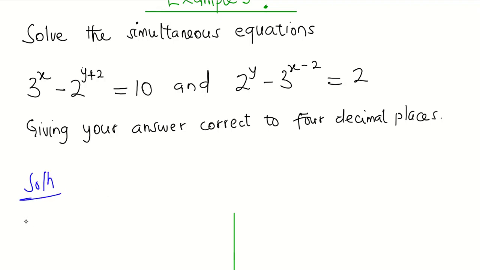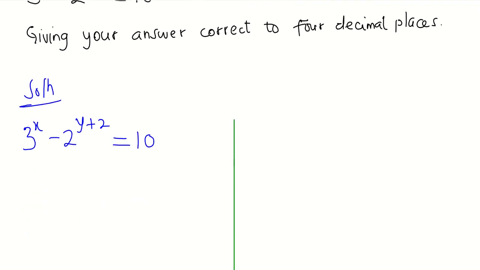The first one, we have 3^x − 2^(y+2) = 10. Now this communicates to us that originally 2^(y+2) was 2^y times 2^2. We have 10, and then we have our minus and 3^x.